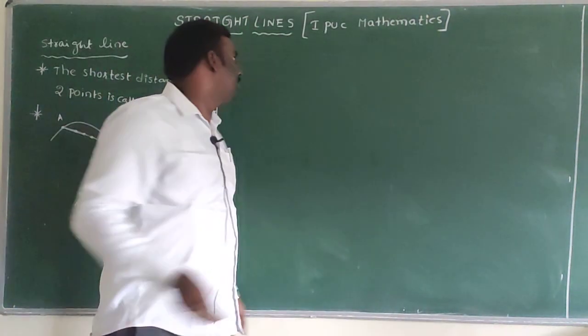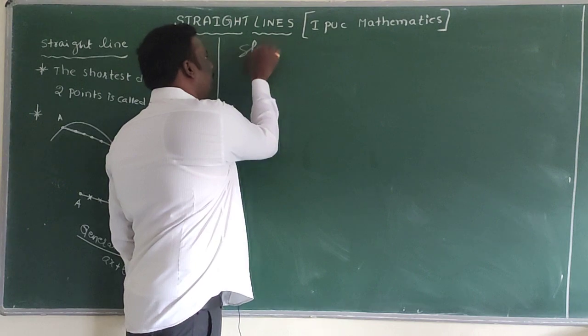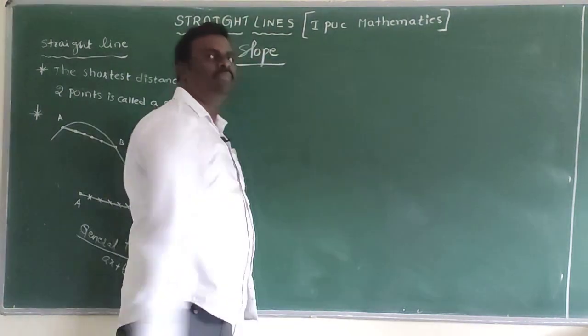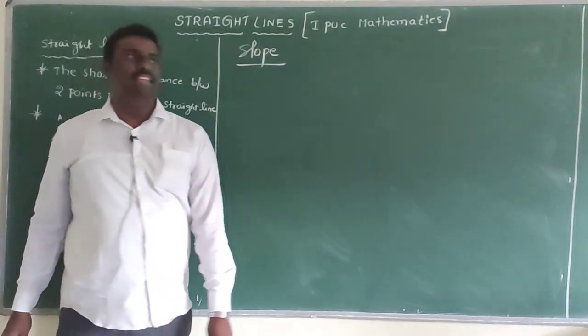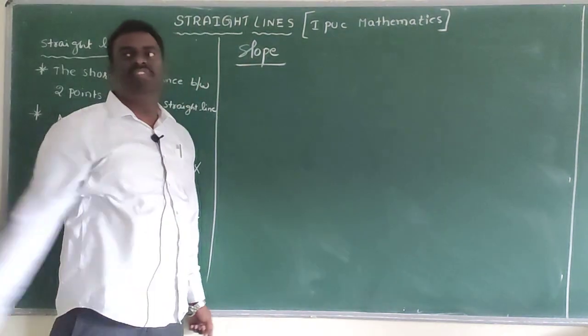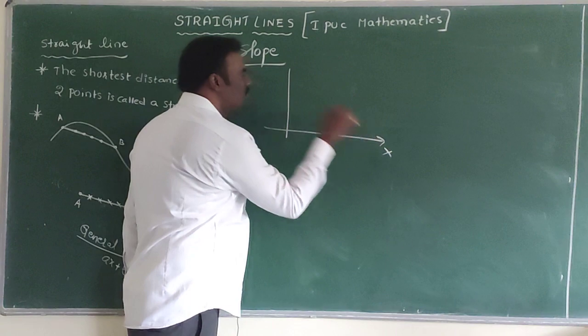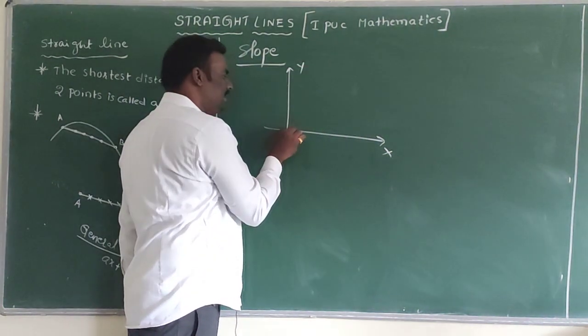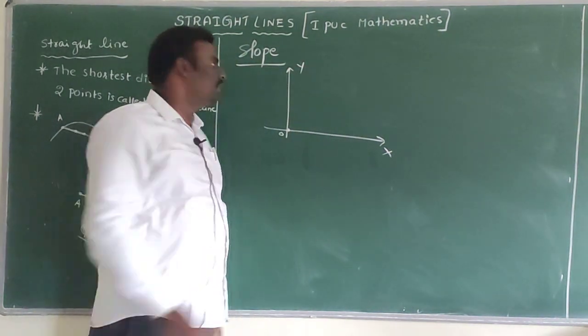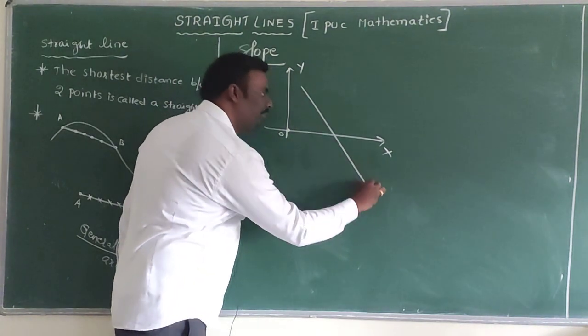In the next concept, how to find slope. What is meant by the slope of a straight line? Before explaining the definition of slope, first you need to take a coordinate axis, x axis and y axis. It is a straight line.